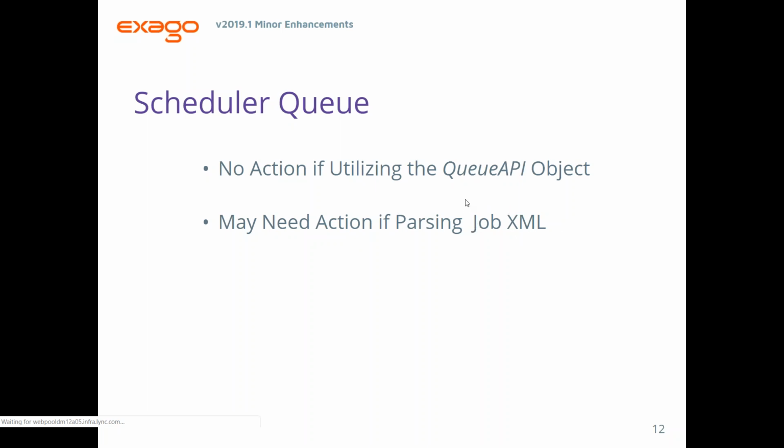They're stored as XML files. If you're parsing or modifying those files directly instead of using the queue API object, you may need to take action on your scheduler queue. If you have any questions about that in your particular instance, you can always reach out to our support or services team through our knowledge base. We'll be happy to take a look and help you double check or adjust as needed, or discuss what that might look like for you.